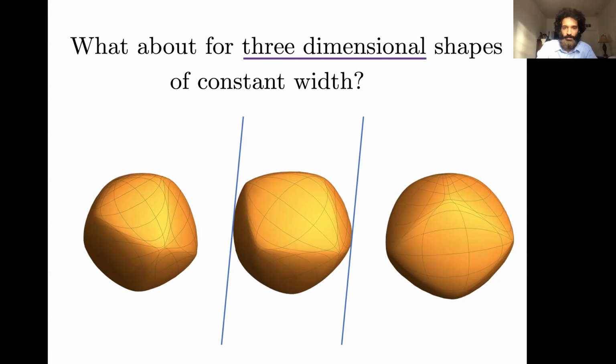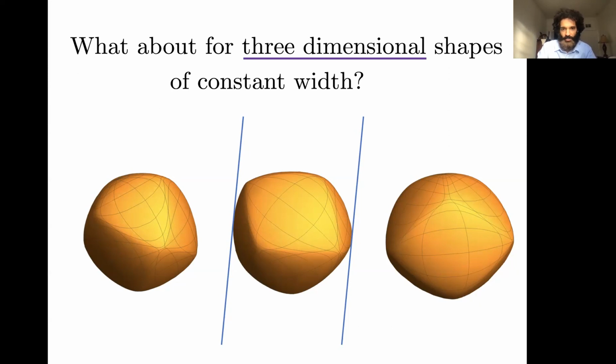So I chose one, maybe spherical, and played around until I got something to work. So here's an example, and like I said, they're defined similarly. Equivalently, you could require that the projection onto any line, which will be an interval, has length 1. So that's another way to specify constant width shapes.